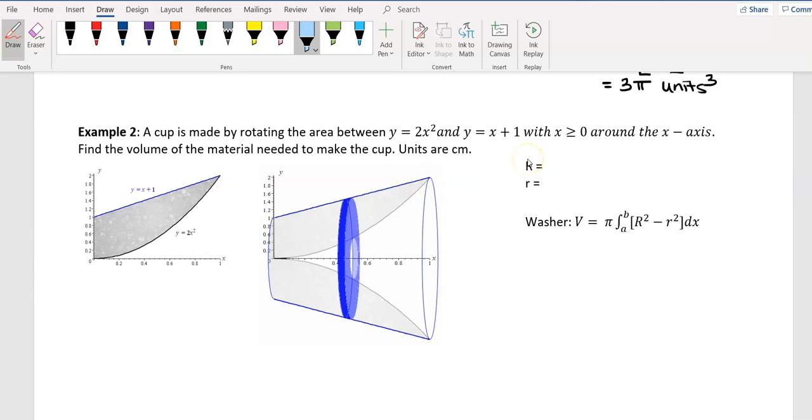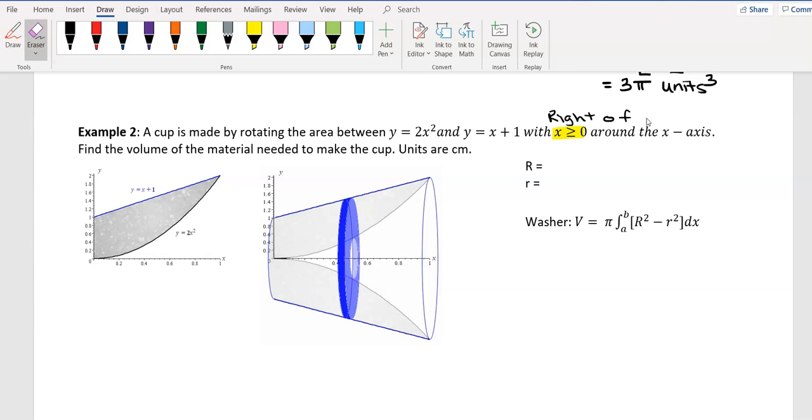Now, it does say in the information for this question that we are dealing with x greater than or equal to 0, and what that means is we are basically working right of the y-axis.